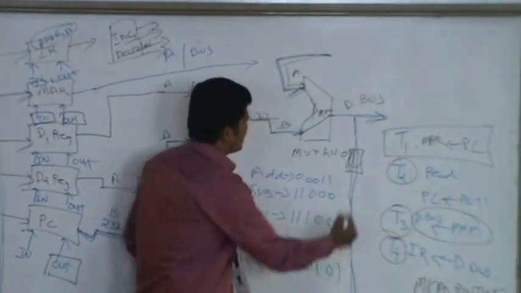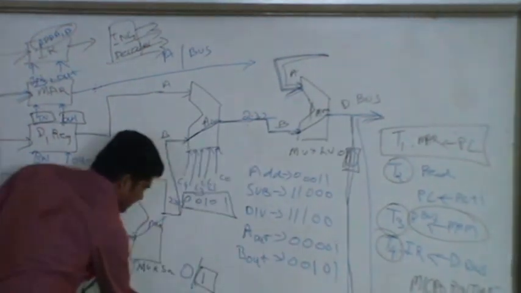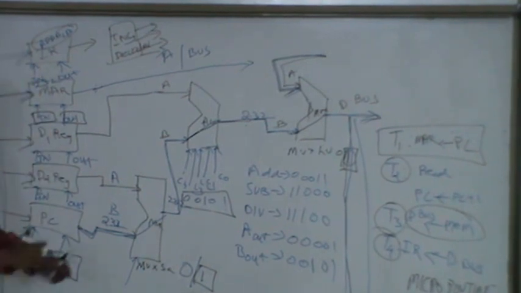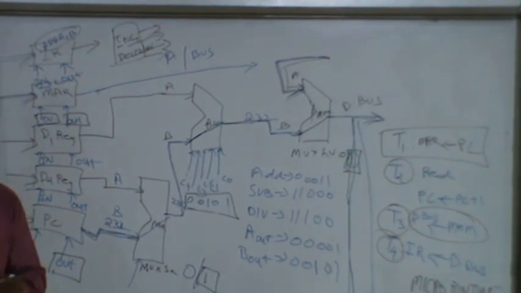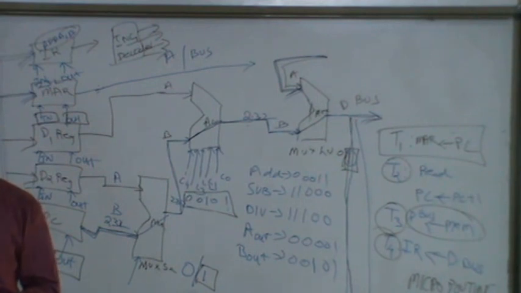And from D bus, again, this is the data path for type T4. Like that you can go on defining the data path, how the data moves from one place to another inside a data path architecture and how you can generate the control signals.